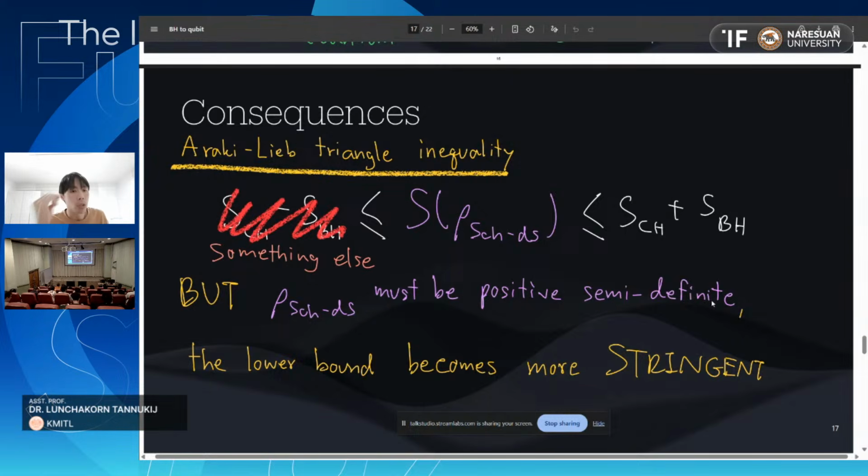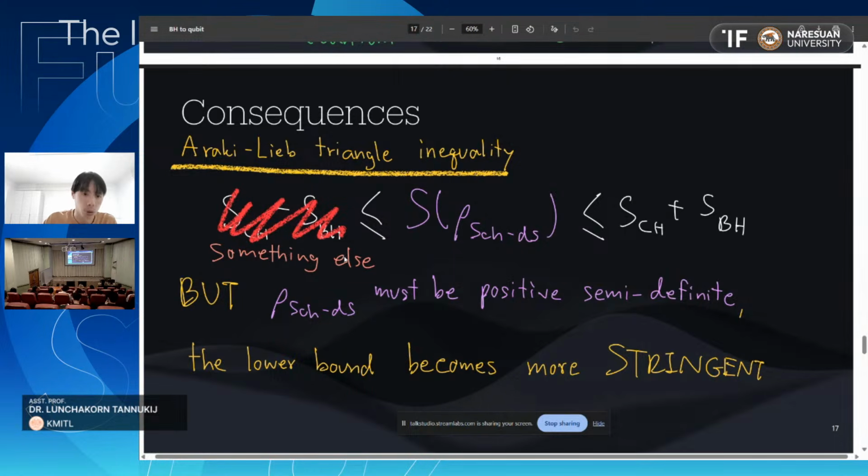Once we do that, we will see that in this case, if we are trying to reconstruct the qubit system to be similar to the Schwarzschild-de Sitter black hole, then the qubit system cannot achieve this lower bound of the entropy here.